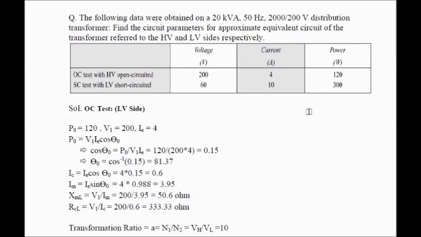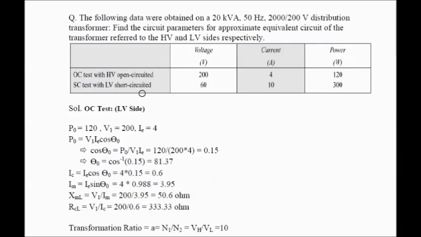And these are the readings from the OC and SC test. OC test with high voltage open circuited, that means the OC test is performed on the low voltage side. Voltage is 200, which is also the rated voltage. Voltmeter reading is 200, ammeter reading is 4 ampere and wattmeter reading is 120.